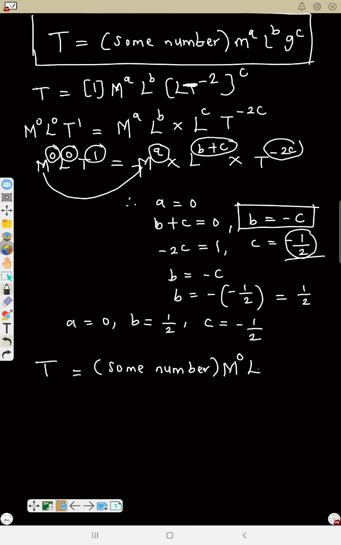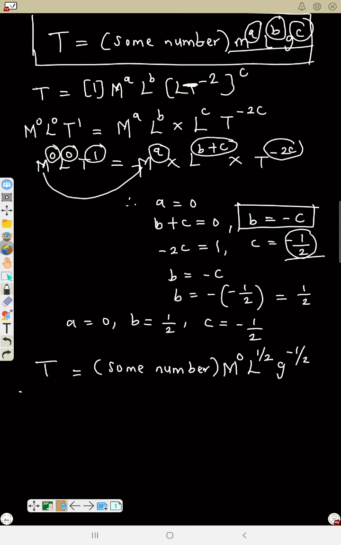Then L raised to power B, that is B is 1 over 2, and g raised to power minus half. As in, if we come back to this place, M is raised to power 0, L is raised to power half, g is raised to power minus half, because we already know all the values here.